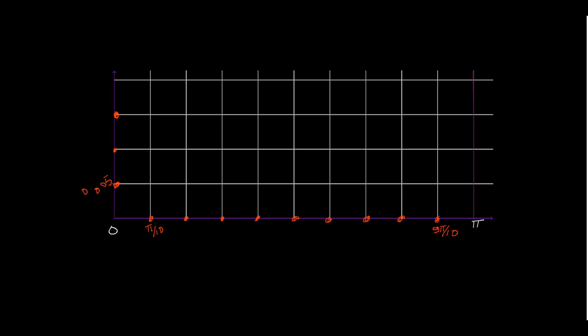Now see, the initial condition is given as sin x and the boundary condition is given as 0. So what it means is that on this side u is equal to 0, and again here also u is equal to 0.